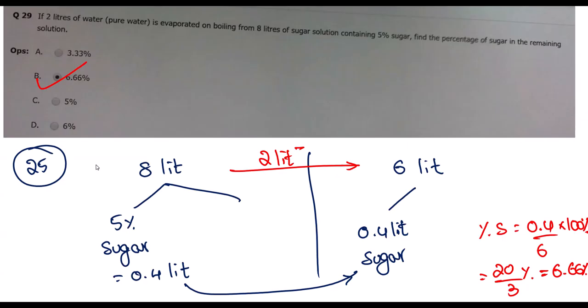Understand now? Initially 8 liters, 2 liters gone. Now 6 liters only available. Sugar is not changed, only water evaporated. Sugar is as it is available. Same, no change. But total is decreased by 2 because water evaporated.